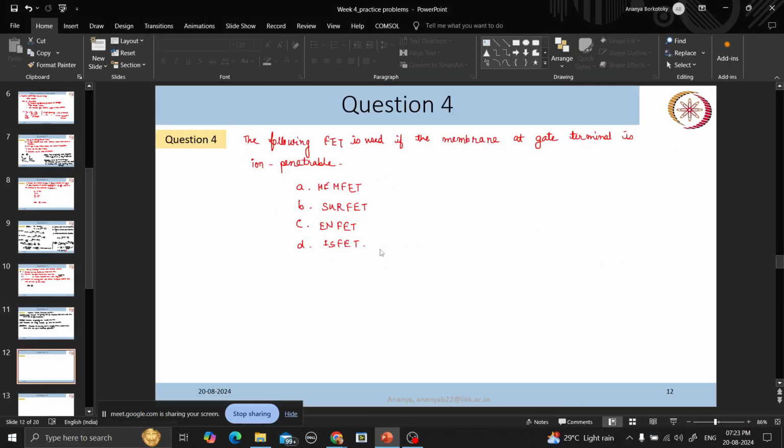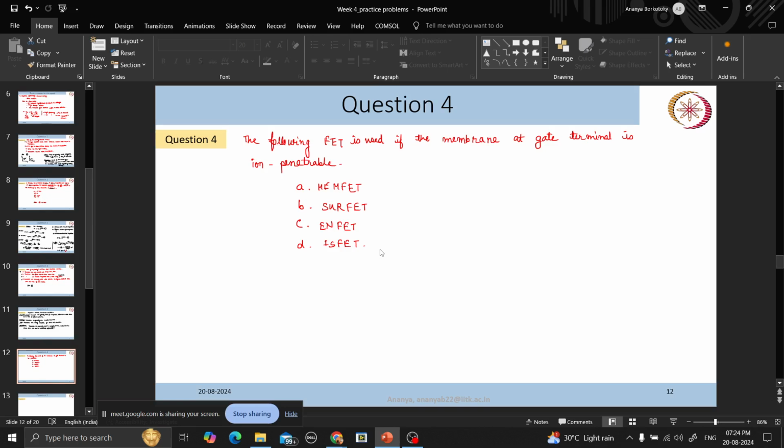So FET, field effect transistors, can be used as a chemical sensor. The ion that is associated with the chemical reaction, that concentration can be used to change the gate potential, and that will change the drain current, the current between the source and drain, and we can correlate the change in drain current with the change in ion concentration that is related to the gate potential change.